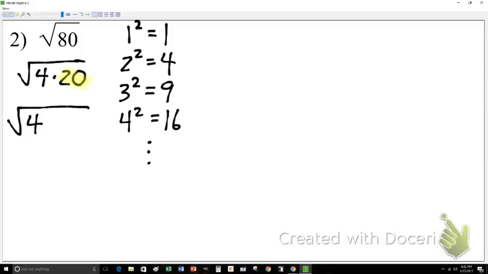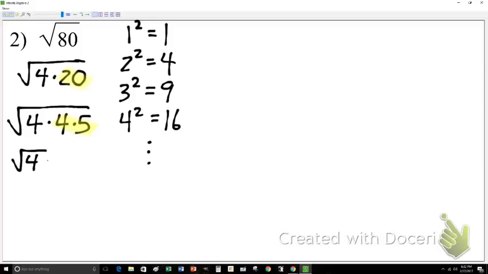So we have that 4 that's out front already, and then we break up the number 20 into 4 times 5. So we factored 20 into 4 times 5 there. The number 5, is there any more perfect squares we can factor out of it? No. We're done.